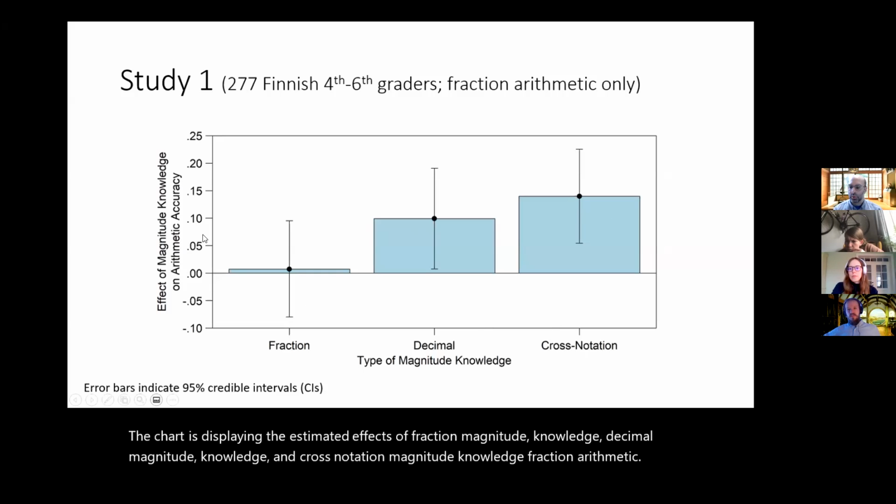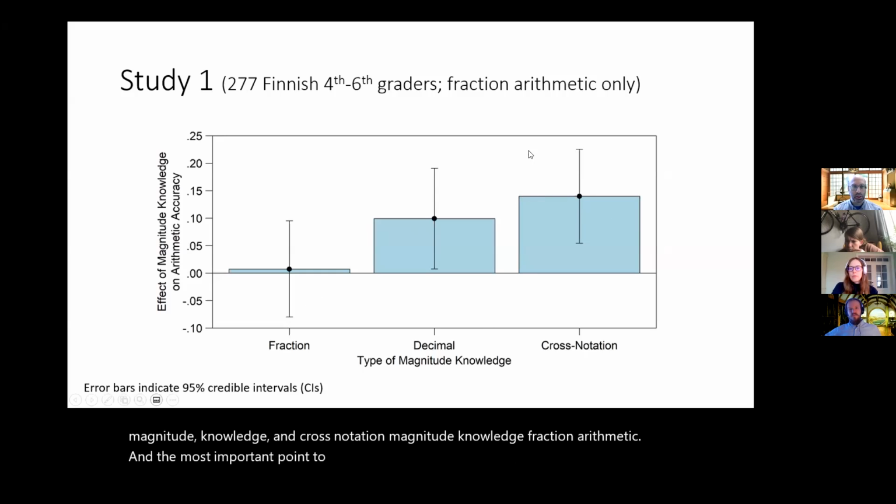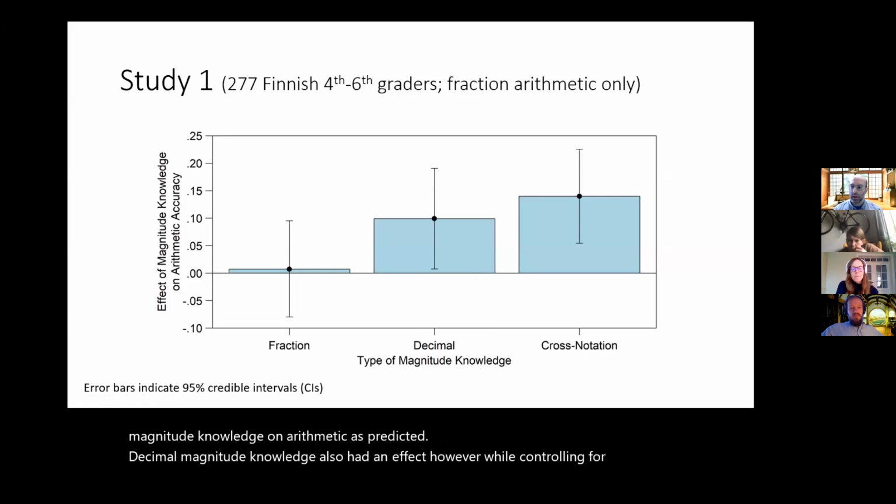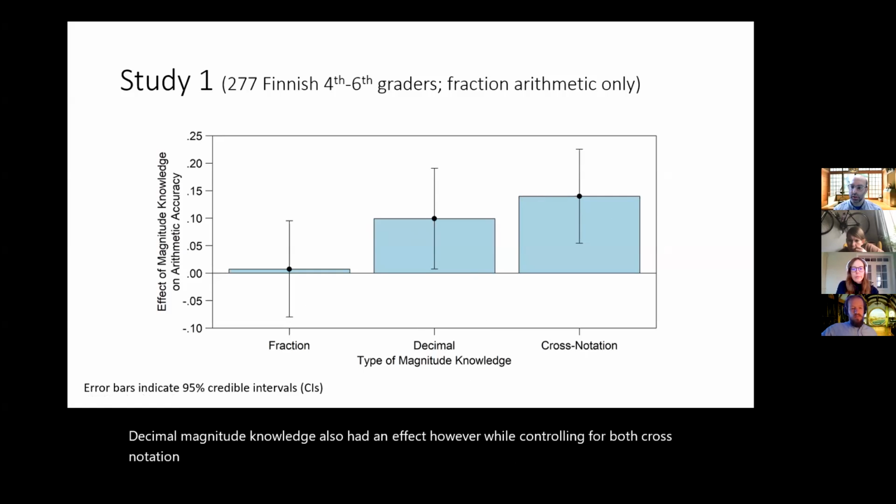And the most important point to notice is that there was a significant effect of cross-notation magnitude knowledge on arithmetic, as predicted. Decimal magnitude knowledge also had an effect. However, while controlling for both cross-notation and decimal magnitude knowledge, fraction magnitude knowledge did not predict additional unique variance in fraction arithmetic.